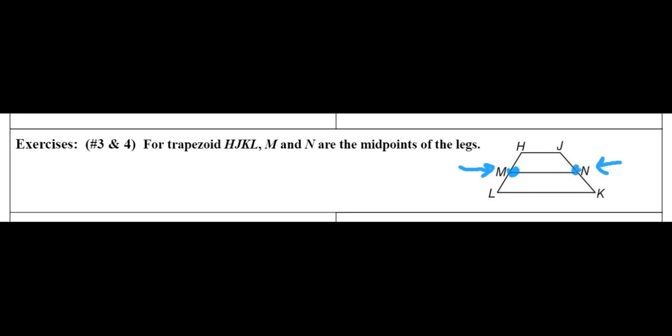That means that segment MN is called a median or a mid-segment. Okay, and since we know that its length is in the middle of HJ and LK. All right, so that's what you have to think about as you do exercises 3 and 4.